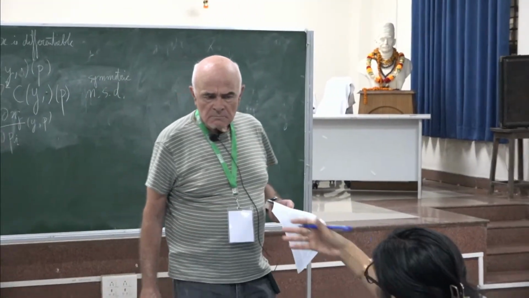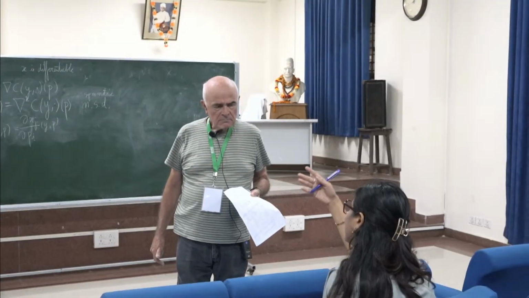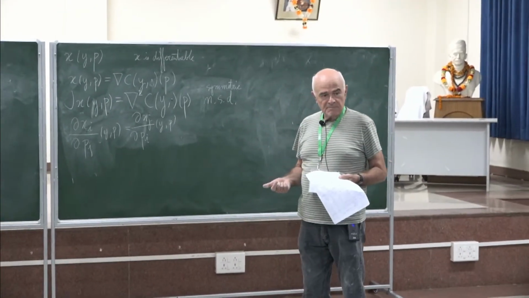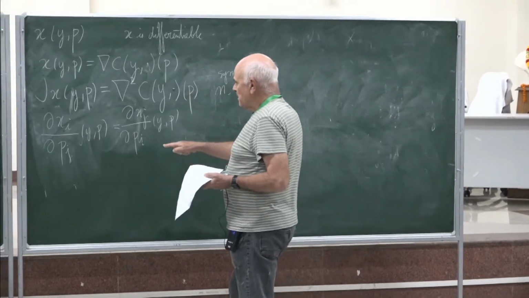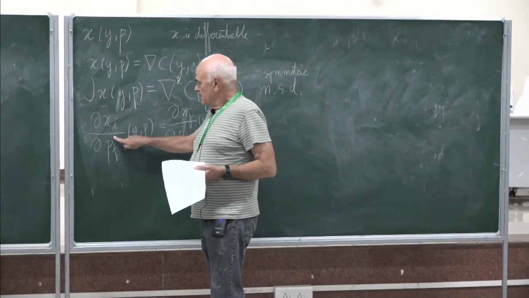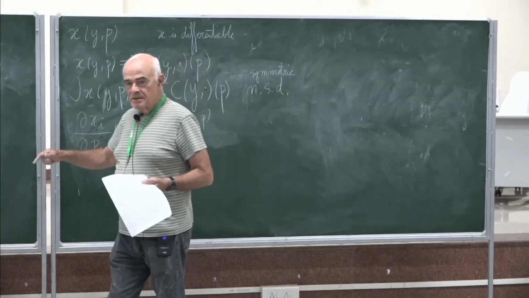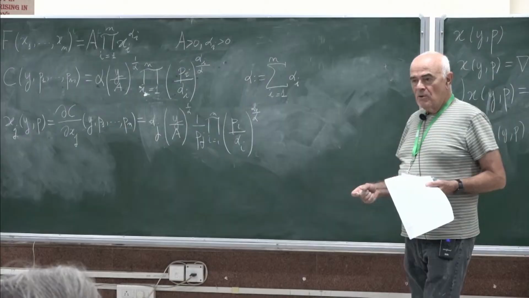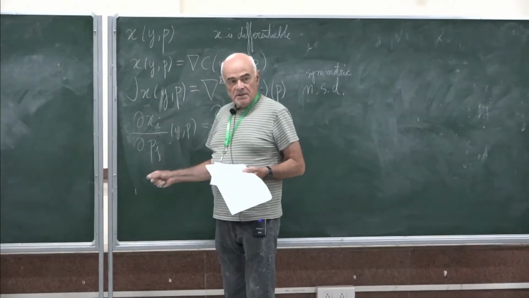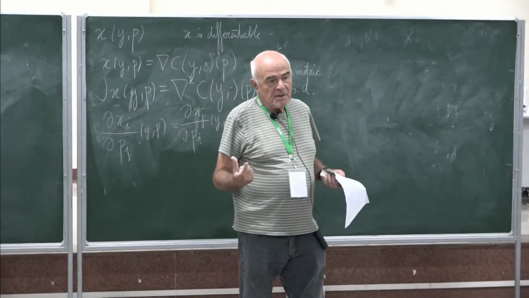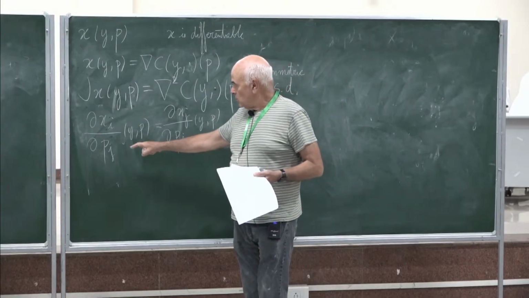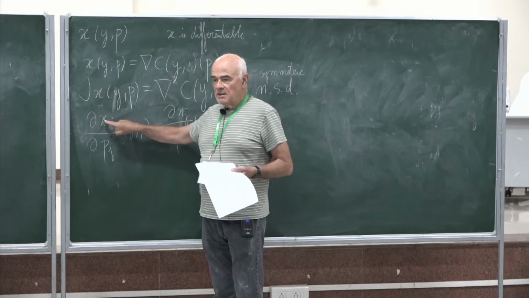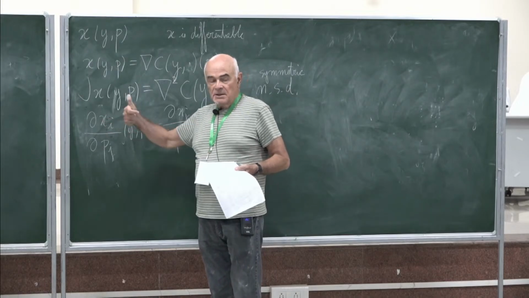Could you please repeat that last line in terms of input? Yes. This partial derivative expresses the dependence of xi on pj. So a derivative tells us what a change in pj would mean for xi, the change of xi.